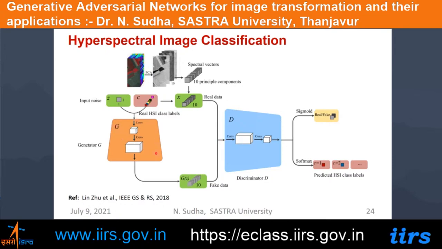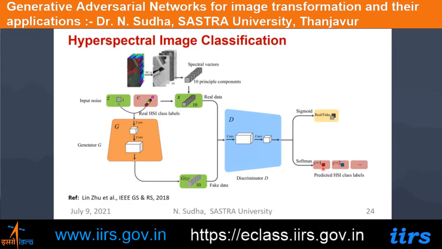When a new input image is given, the generator will again extract this fake data, which is the principal components. The input is noise as well as the class input, because it's for classification, so obviously you have to give the class information also. The output of the discriminator has not only the real and fake information, but also the softmax output.